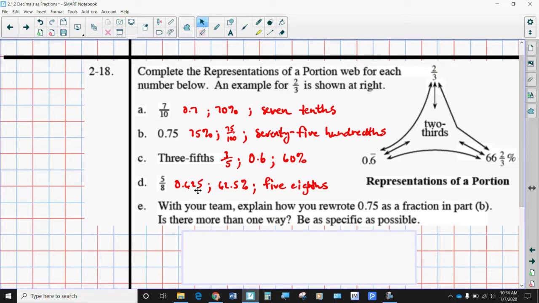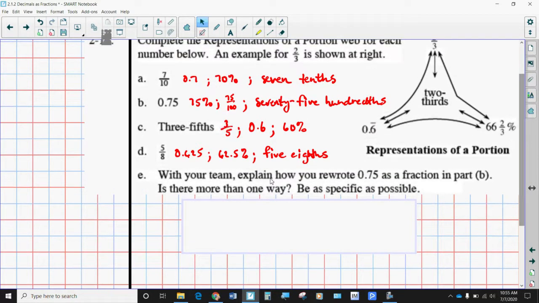I think you've already been taught that. I know I used to teach it in 5th grade, so I'd imagine you've gotten it by now. But we'll go over it again. There's nothing wrong with repeating and making sure that we cover all of these concepts thoroughly. Okay, so 625 thousandths is 62.5%. 5/8 was the name of that fraction.